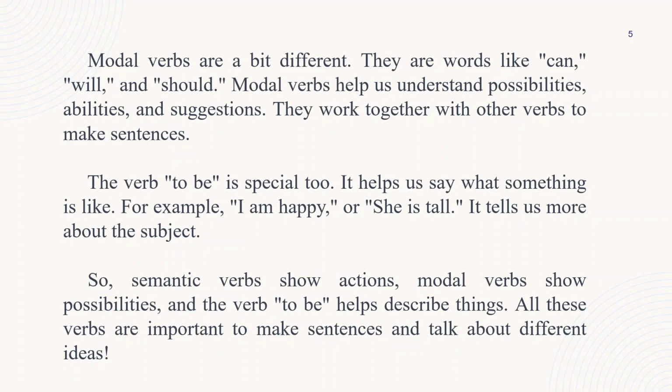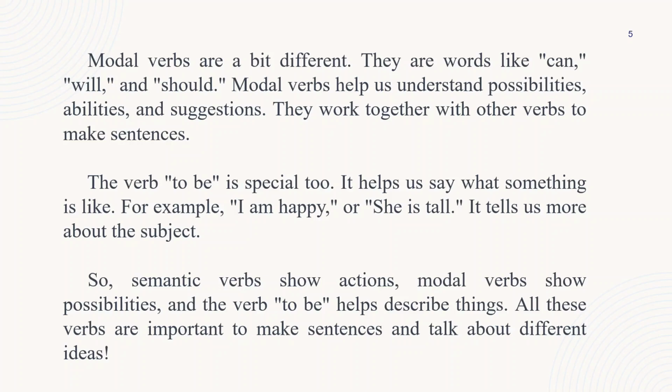Modal verbs are a bit different. They are words like can, will, and should. Modal verbs help us understand possibilities, abilities, and suggestions. They work together with other verbs to make sentences. The verb to be is special too. It helps us say what something is like.